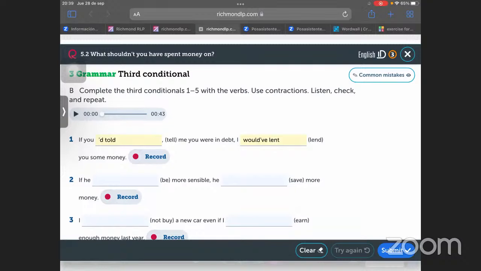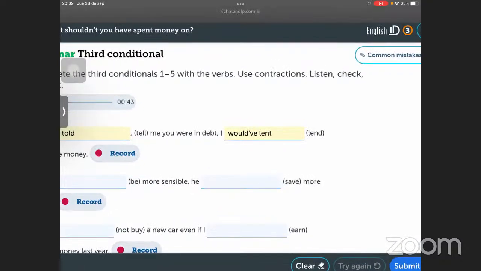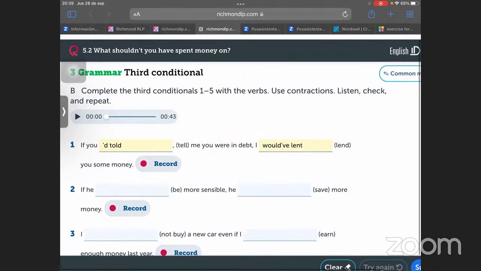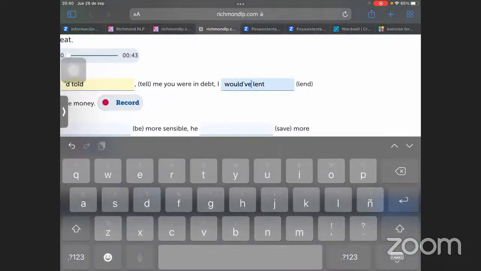Then number 2, if he, and then the verb for you to use is be. If he more sensible, he save more money.